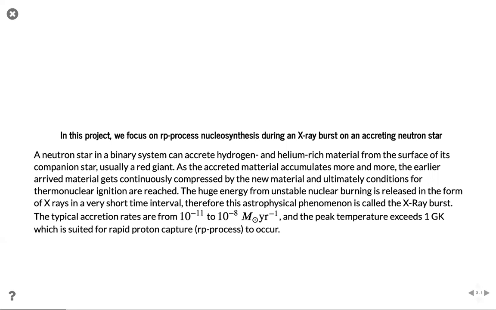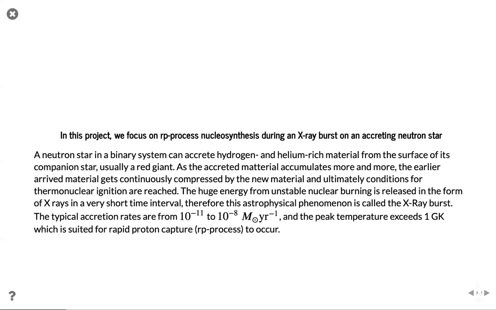Like in the case of novae, as the accreted material accumulates on the neutron star, the early arrived material gets continuously compressed by the new material, by the gravitational force, and ultimately conditions for thermonuclear ignition are reached.